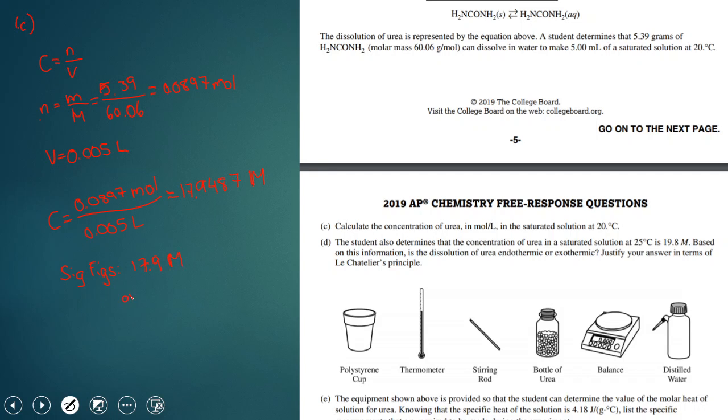Molarity, or 17.9 moles per liter. Whichever format you choose, both of them are correct. Now, one of the things to think about is that I didn't do the traditional dimensional analysis. I will, however, include units here because I forgot to earlier.